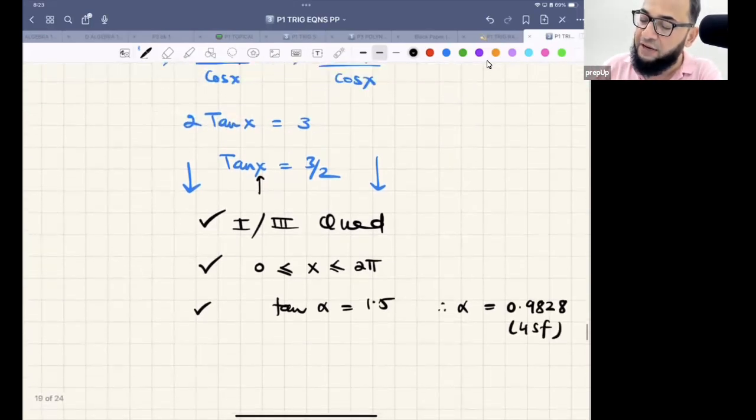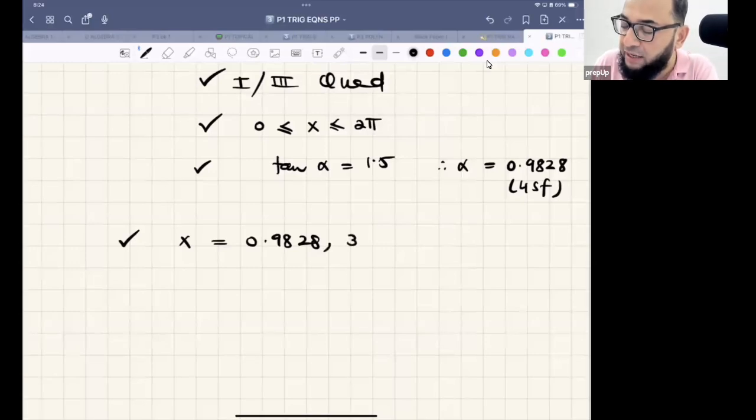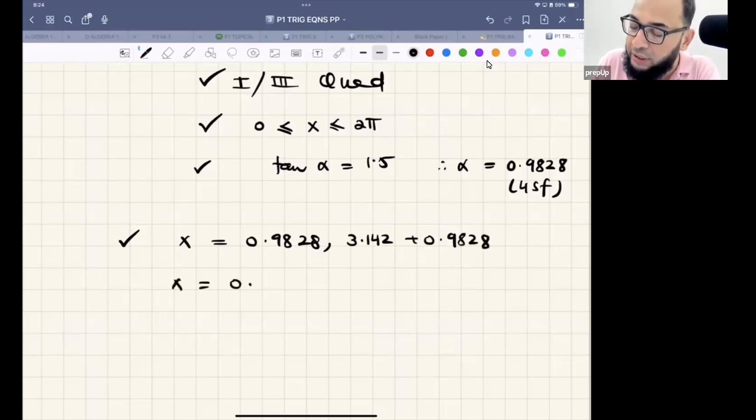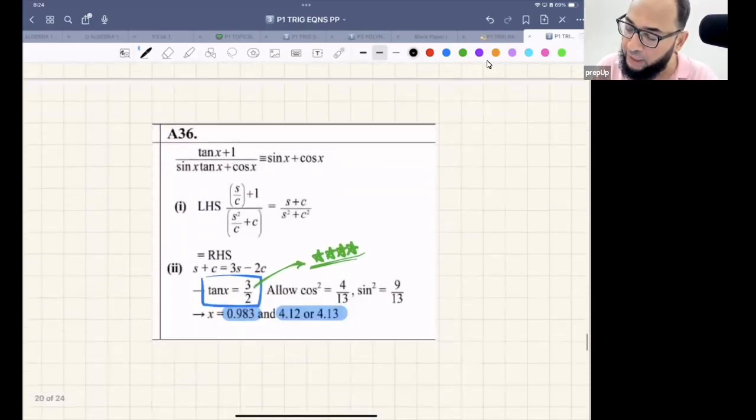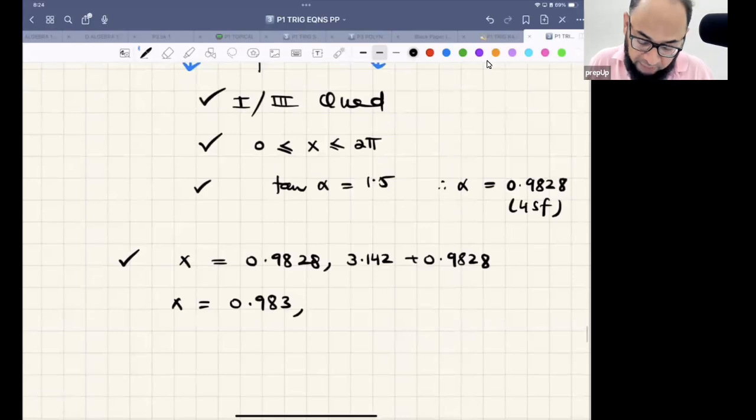Now we are working for first and third quadrant. Therefore x is equal to the first quadrant 0.9828, and the third quadrant, that is pi, which is 3.142, plus 0.9828. So x is 0.983, the 3 significant figure rounded value, and the other value is 4.12 or 13.